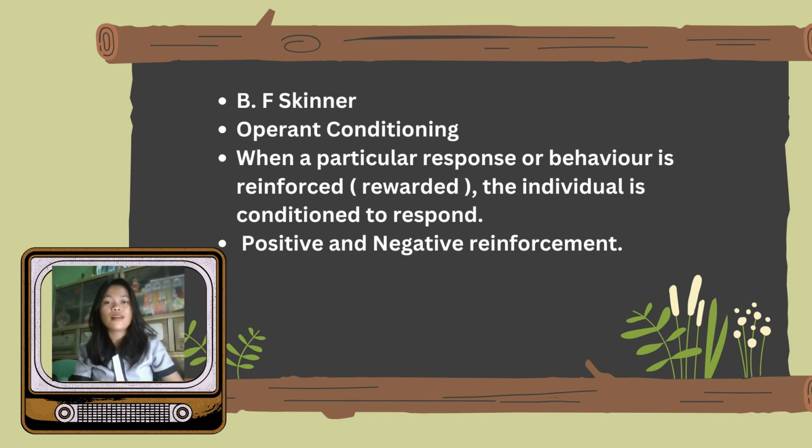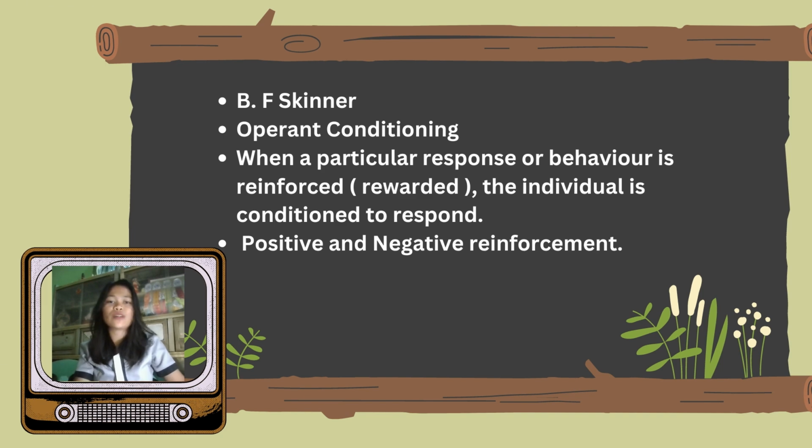At this juncture, let's now move on to the last proponent of behaviorism, which is B.F. Skinner. Operant conditioning is a learning process where behaviors are shaped by rewards or consequences. When a particular response or behavior is reinforced, meaning it is followed by a reward, the individual is more likely to repeat that behavior in the future.